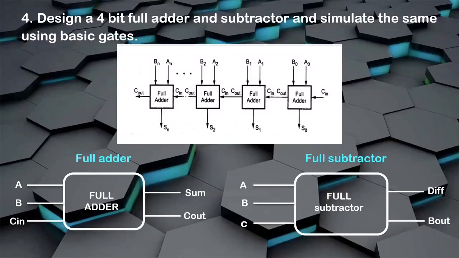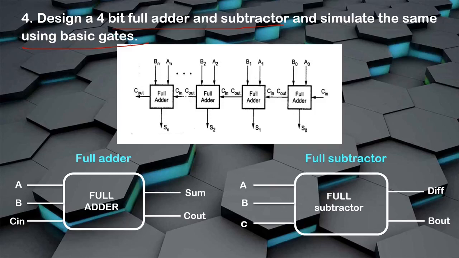Fourth question is: design a 4-bit full adder and subtractor and simulate the same using basic gates. So here you can see in the figure there are inputs A0, B0, A1, B1, A2, B2 and so on up to An, Bn, and we have full adders with S0, S1, S2 and so on up to Sn as the sum.